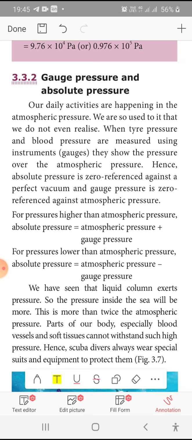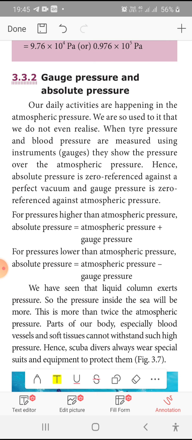When tire pressure and blood pressure are measured using an instrument, they show the pressure over the atmospheric pressure. Hence absolute pressure is zero referenced against a perfect vacuum, and gauge pressure is zero referenced against atmospheric pressure. What is a gauge pressure? Even when you are filling your cycle tube with air, the pressure gauge you use is referenced against atmospheric pressure. These instruments are called gauge pressure instruments. Absolute pressure is equal to atmospheric pressure plus gauge pressure.